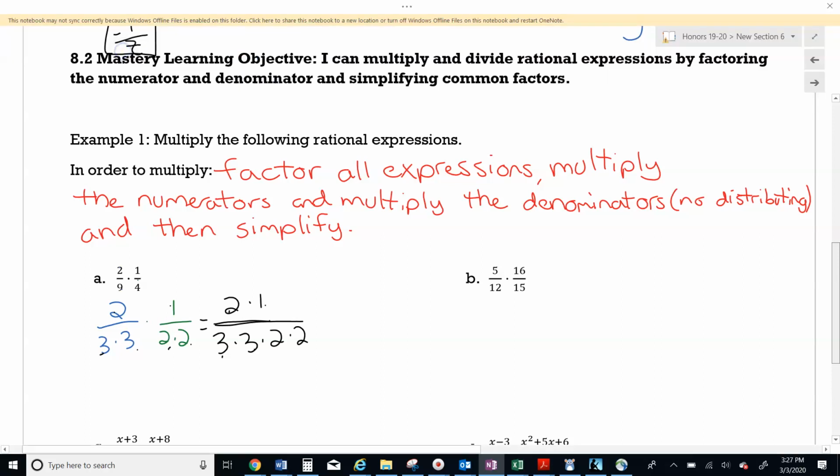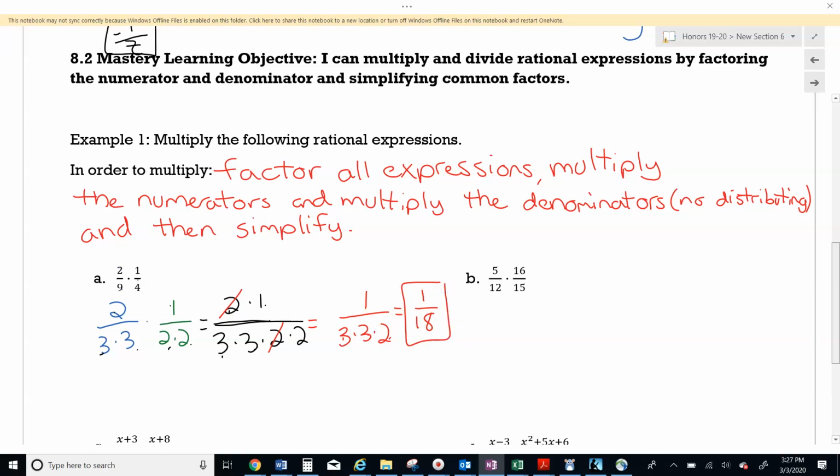Then I'm going to cancel out common factors. I have a 2 in both the numerator and the denominator. So now I have 1 over 3 times 3 times 2, which is 1 over, well, 3 times 3 is 9, times 2 is 18.